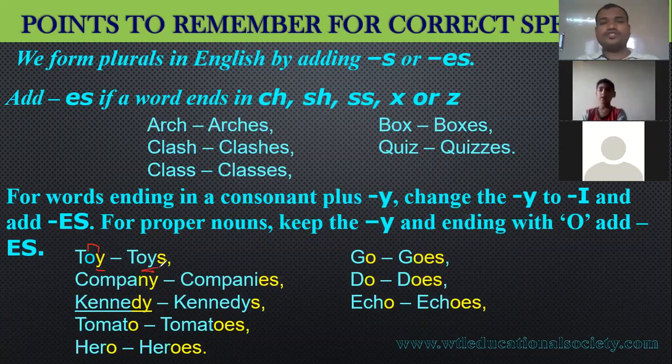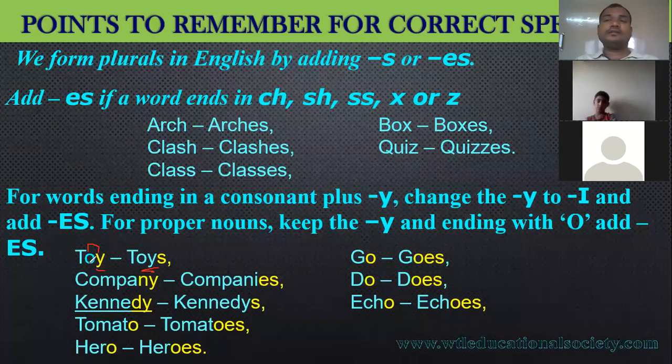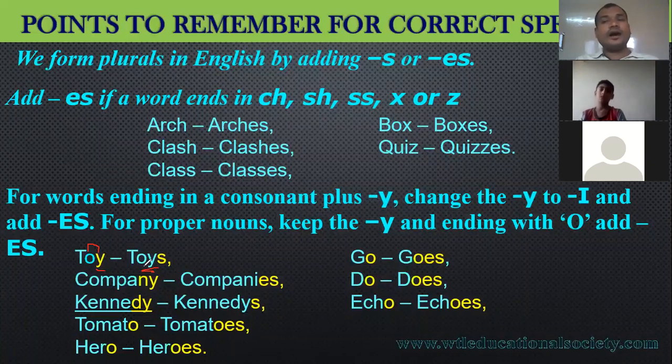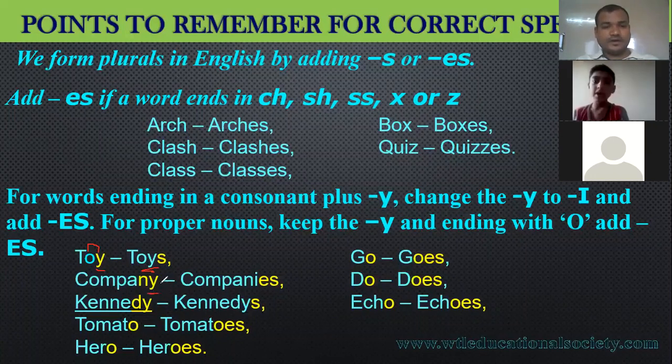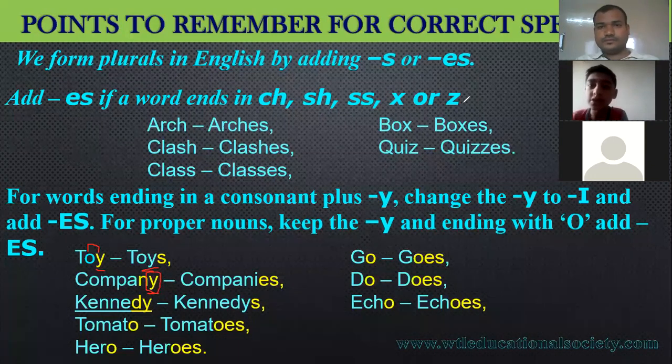We can't change it to I, because only if the Y is preceded by a consonant do we change it to I and add ES to make the plural form. Next, company. The letter before Y is N, not a vowel, so we write companies.